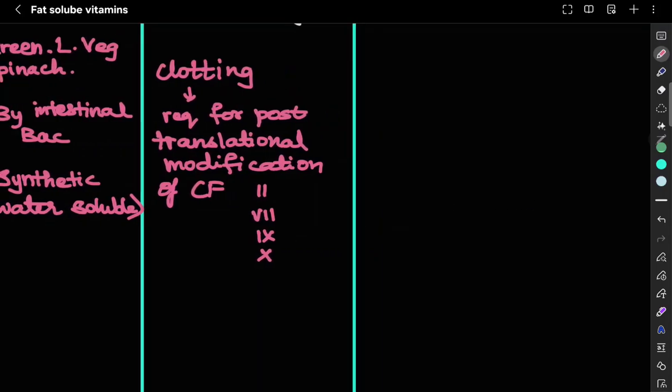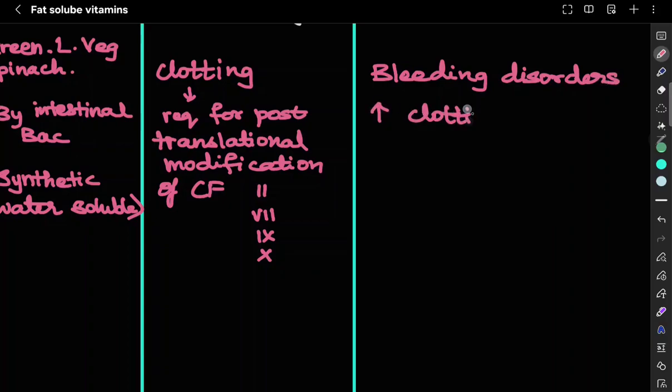Okay, so obviously if the function is clotting, then the deficiency will cause bleeding disorders. Clotting is improper, then what will it cause? It will cause bleeding disorders and increased clotting time.